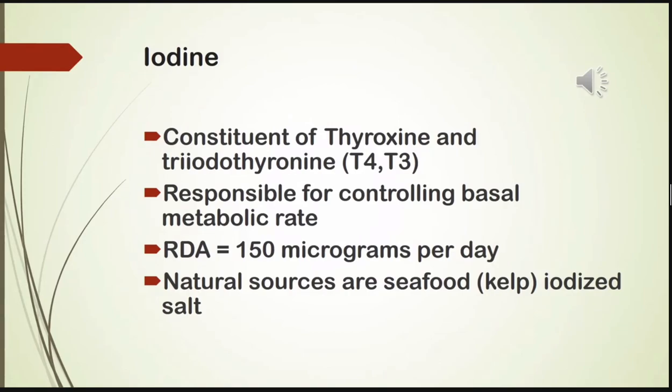Iodine, of course, is a constituent of your thyroxine and your triiodothyronine, in other words, your T4 or your T3. It is responsible for controlling the basal metabolic rate of the body. The RDA for iodine is around 150 micrograms per day. The natural sources for iodine are your seafood and, of course, your iodized salt.